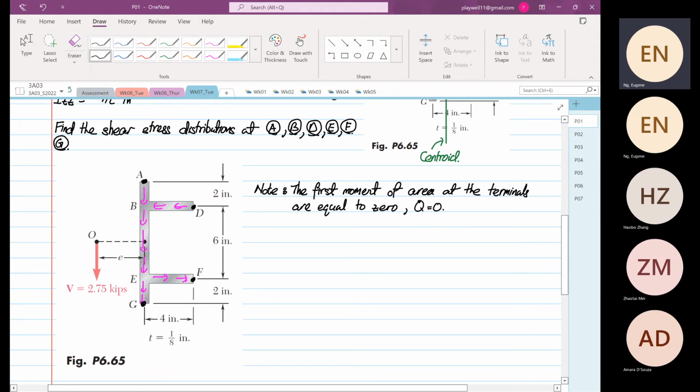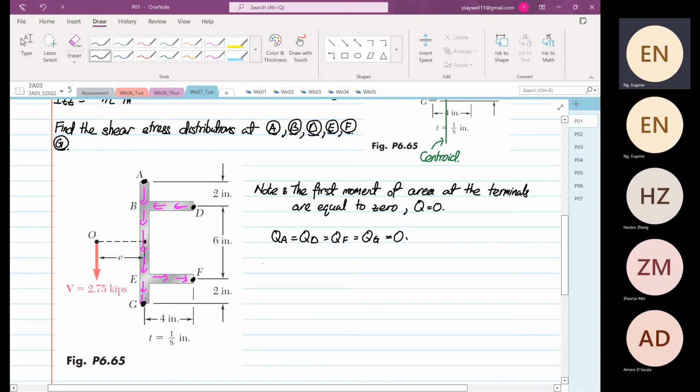From this, we know that the Q of A is equal to the first moment of area at D, equal to the first moment at F, and equal to the first moment of area of G, and they all are equal to 0.